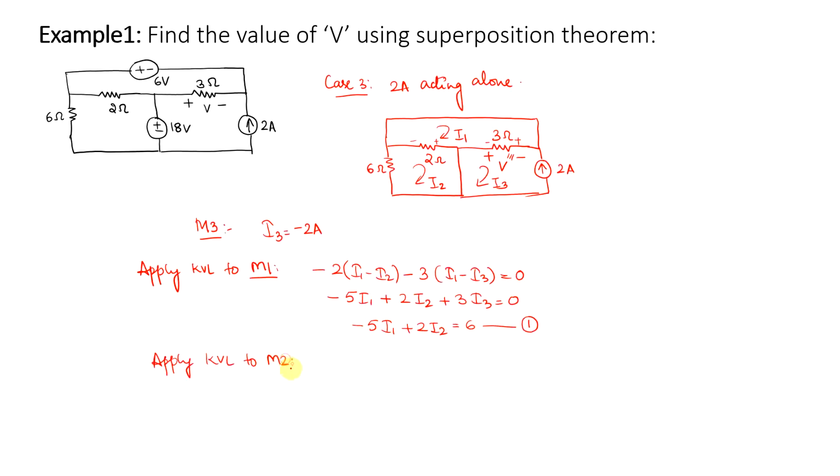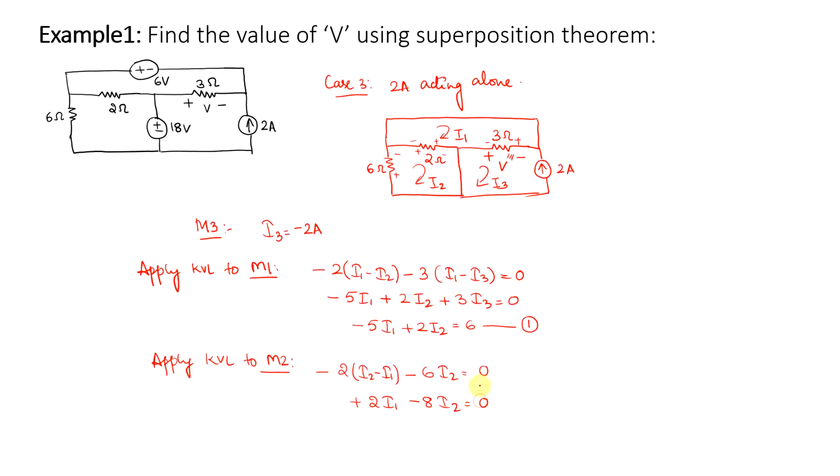So when I apply KVL to the second mesh, the currents have to be considered plus minus plus minus. So this is minus 2 times I2 minus I1 minus 6 I2 is equal to 0. We can write this as plus 2 I1 minus 8 times I2 is equal to 0.